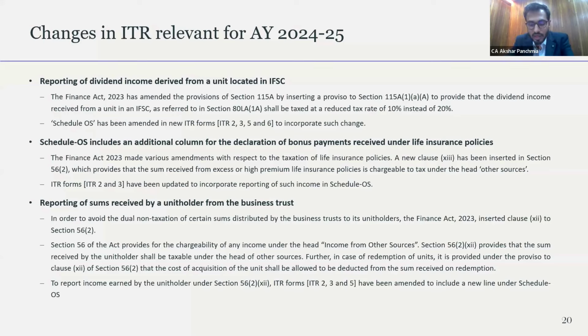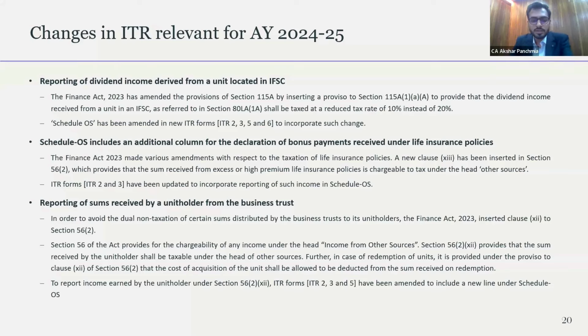So this is in line with an amendment under section 56(2)(13), and therefore this line item has been included. Another amendment which was made by the Finance Act 23 was by an insertion of clause 12. So 56(2)(12) now requires you to, so it's a chargeability of your income for the units held or any particular receipt towards these units.